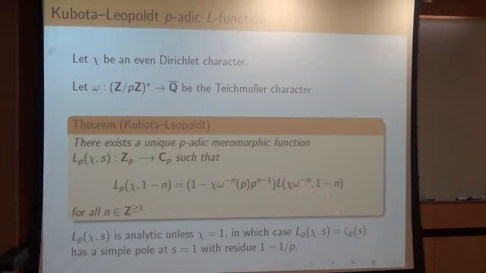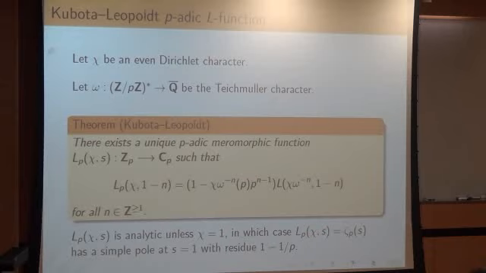And then there's always this Euler factor that you have to remove, the Euler factor at p in the Euler product expansion of this L function. Those interpolate, and that's the Kubota-Leopoldt p-adic L function. An important point that we'll use later is that the p-adic zeta function, when chi is the trivial character, is not analytic, but it has only one pole, at s equals 1, and it's a simple pole with residue 1 over 1 minus p.